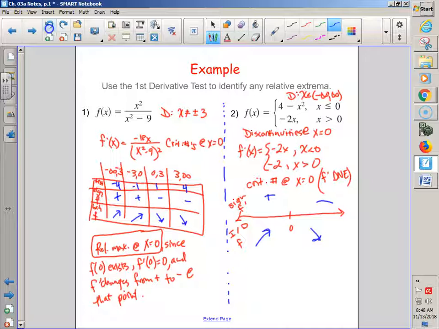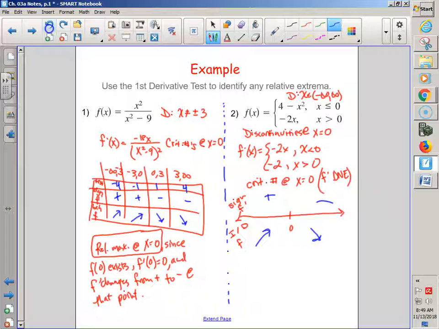Huh. So the function is increasing before and decreasing after? If they were asking for increasing, decreasing, I could say the function is increasing from negative infinity to 0.